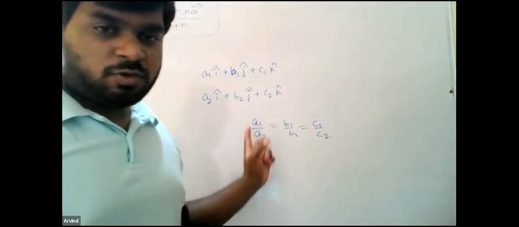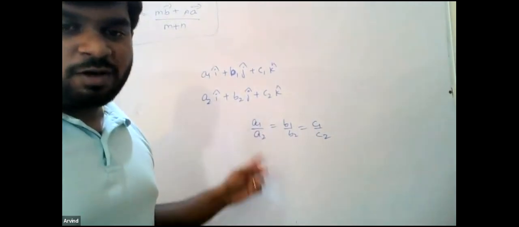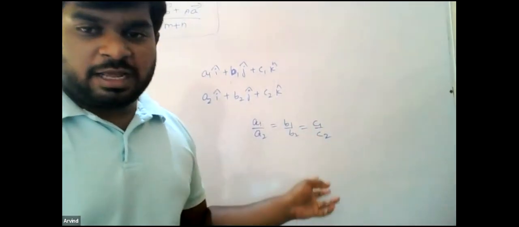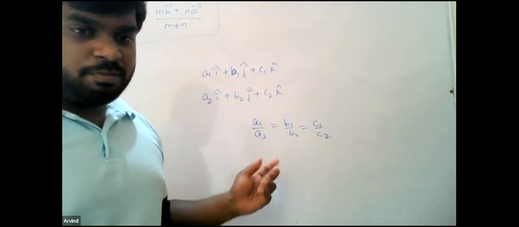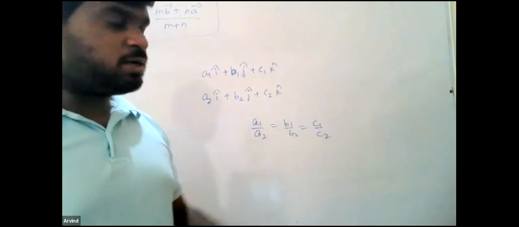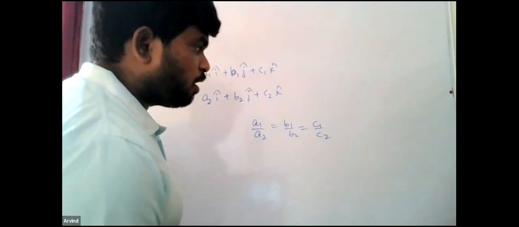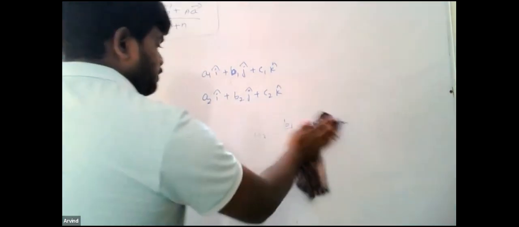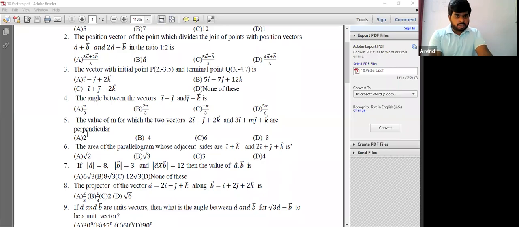If parallel, take this condition to find the value of m, if missing values are asked. You would have learnt this in your 10th standard itself, linear equations in two variables. If two lines are parallel, then a1 by a2 is equal to b1 by b2 is equal to c1 by c2. Same stuff. And if perpendicular is mentioned, dot product is 0. We'll also be solving such problems later.